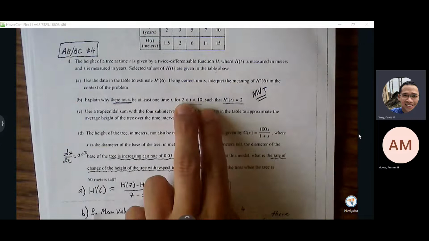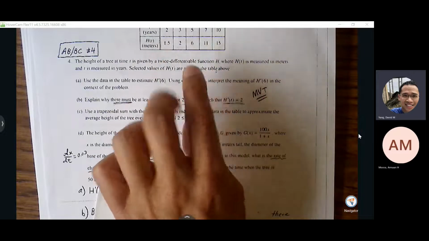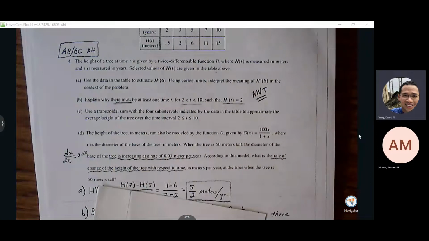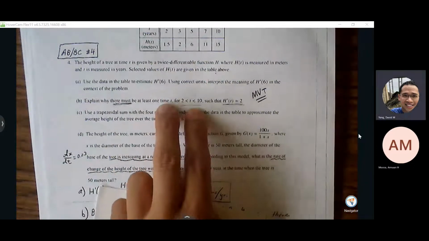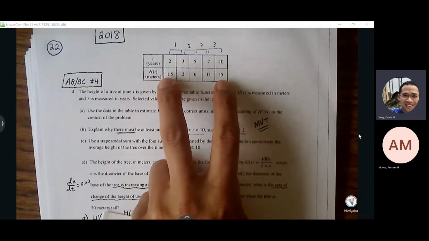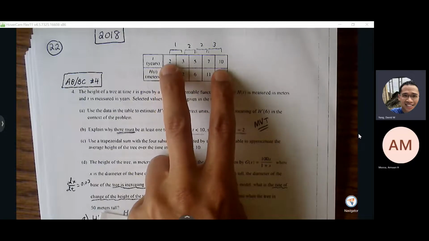So if I can show there's a slope of 2 between any of these points, then there must be a specific slope of that value somewhere in that interval. I'm going to start at 2 and 10 first to see if I can see a slope of 2 between the endpoints. So 15 minus 1.5 gives me 13.5 divided by 10 minus 2, which is 8.